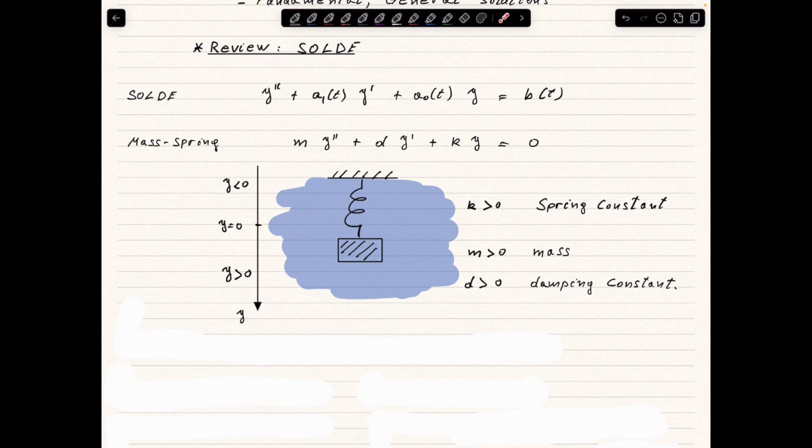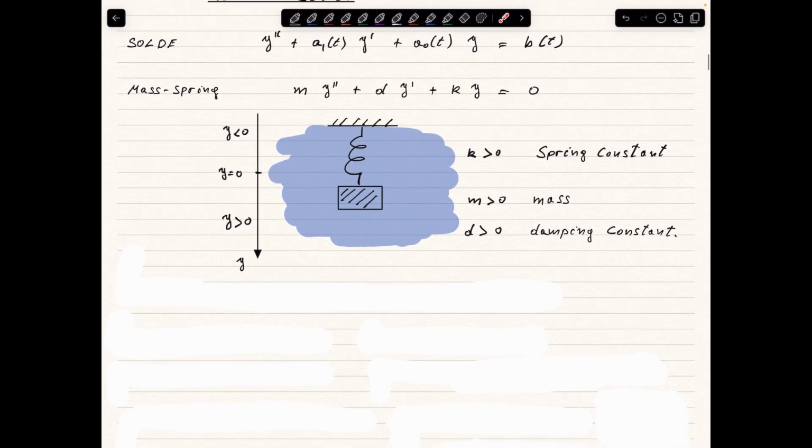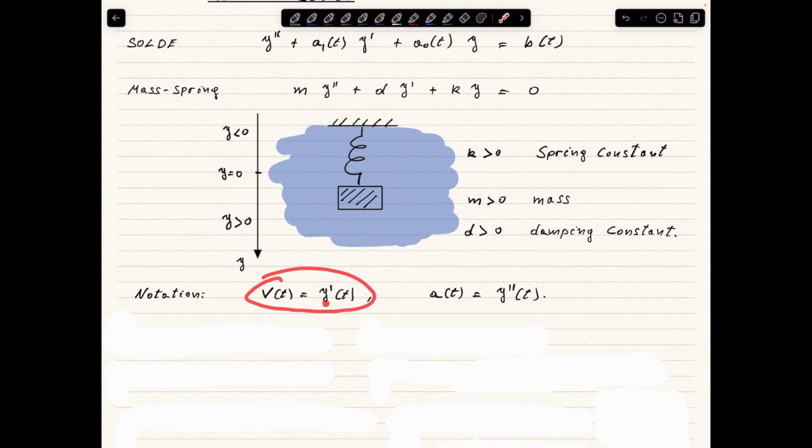So this is the main system we introduced in the previous video, and we also introduced some notation. For example, we said that we are going to denote the velocity of the object, which is y prime, as v, and the acceleration of the object, which is the second derivative of y with respect to time, we are going to denote sometimes as a, acceleration.